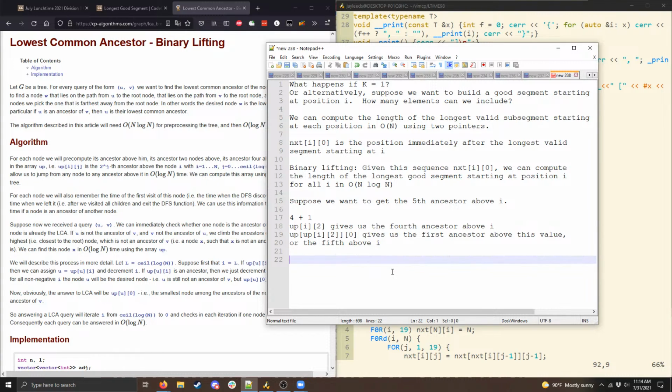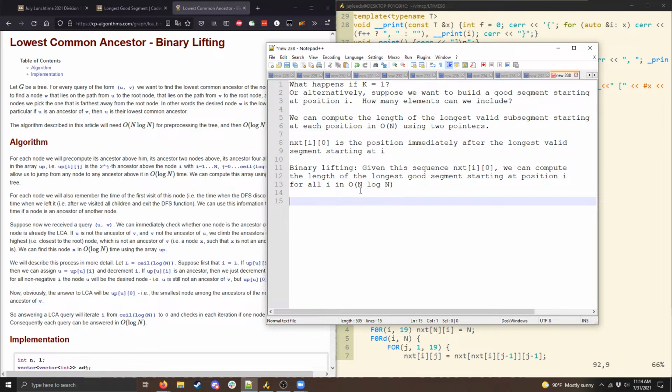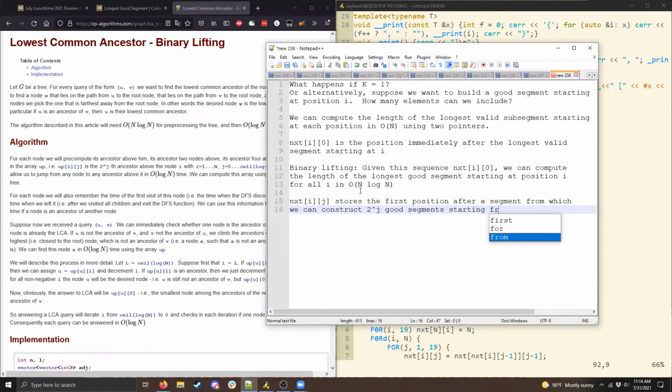And so we're doing a pretty similar approach here. What we're going to say is next of i of j stores the first position after a segment from which we can construct 2 to the j good segments starting from i. And so next of i of 0 stores the longest valid segment containing just one subsegment starting at i.